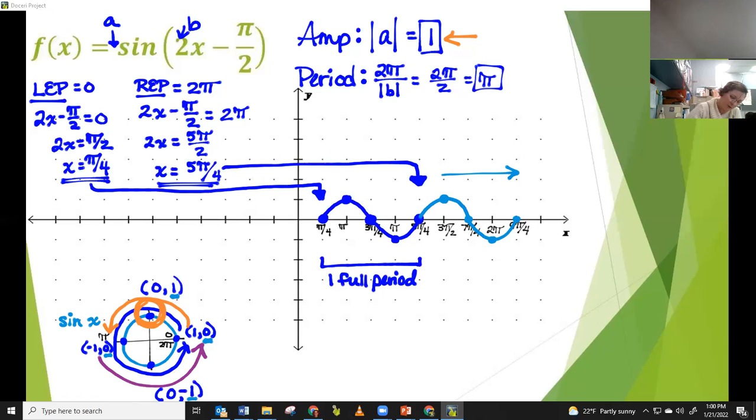Awesome. What is the domain of this particular sine function? What is my domain?